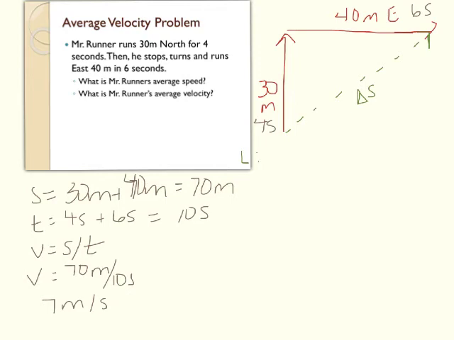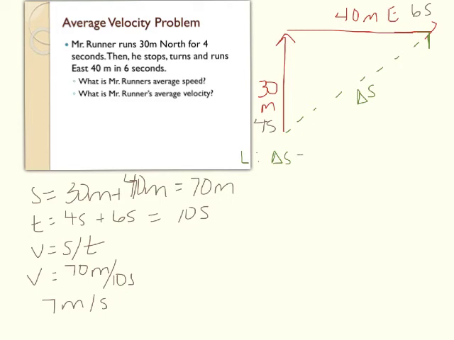So change in S is going to be Pythagorean theorem for 30 and 40. If you notice, this is another 3, 4, 5 triangle. It's just times 10. If you did 3 squared plus 4 squared, you'd get 25, and the square root of that is 5. So 30 squared plus 40 squared is equal to 50 squared.